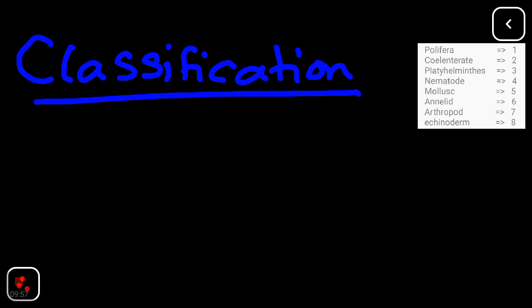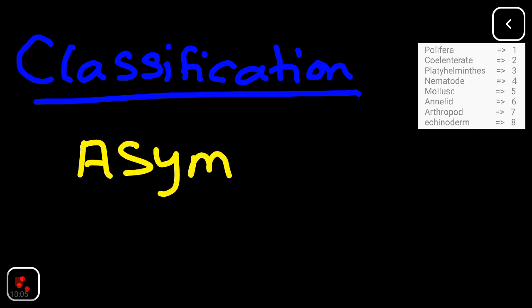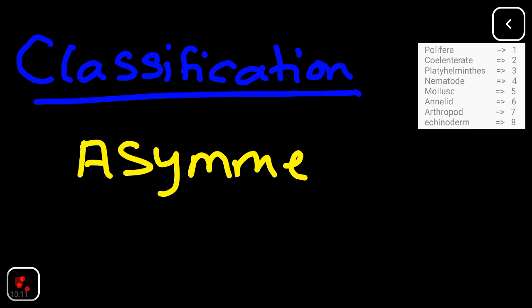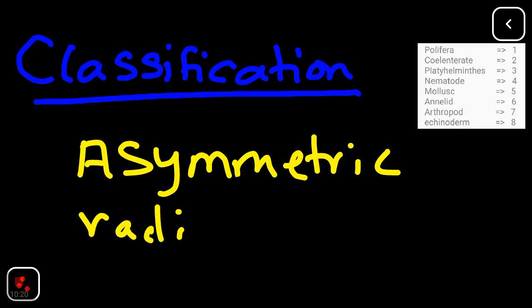So let's go, right? First, the primitive ones are the ones that don't have symmetry, so they're called asymmetric. Asymmetric. Let me write this very well. Right, while the next one that evolved is the one that is radially symmetric.